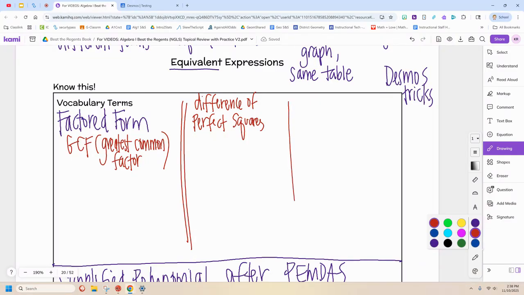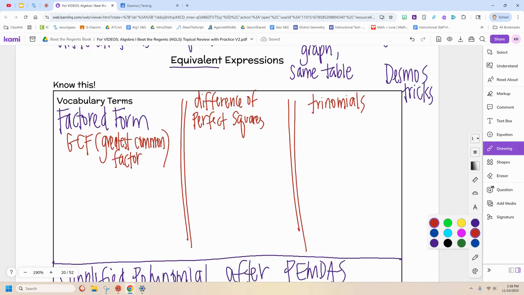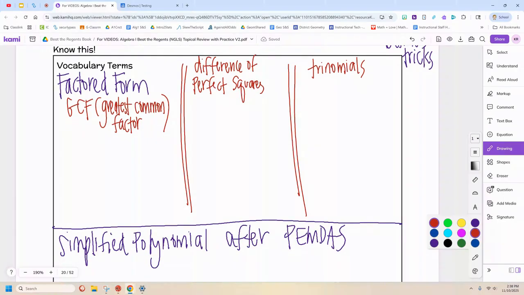And then our third type of factoring is factoring trinomials into 2 binomials. Okay. So let me kind of give you a quick example of each, and then we're going to do 2 questions together to kind of model old school as well as Desmos tricks.